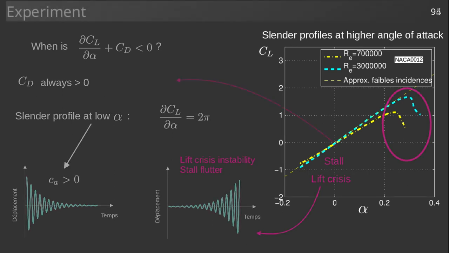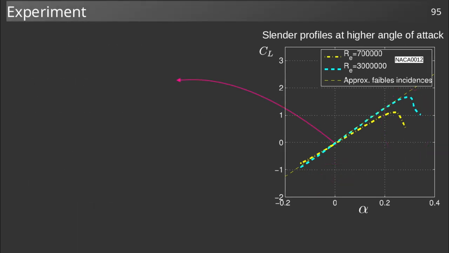This instability can be demonstrated simply in a wind tunnel. You have here a wing profile mounted on two very long flexible bars. If the bars are long enough, the rotation can be neglected, and we are dealing with a system equivalent to our mass spring system. At low incidence, it is easy to see that the damping is positive.